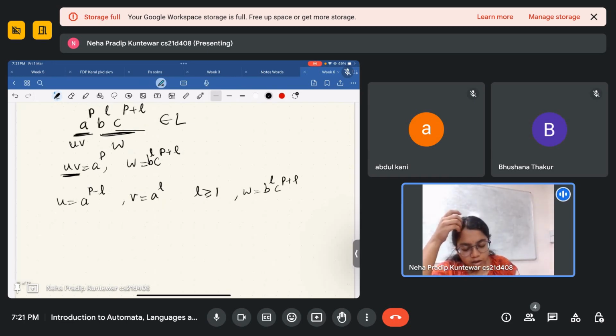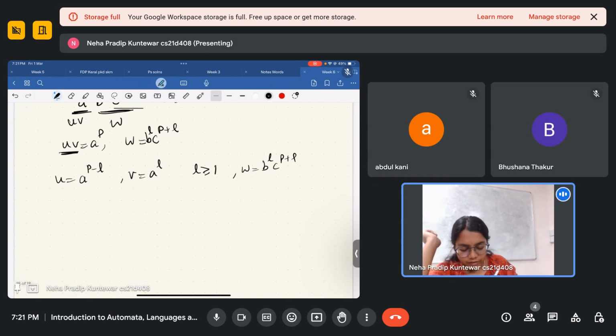Okay, so now let's simply apply the pumping lemma. What does it say? U V square W should be in the language. So let's see what happens.